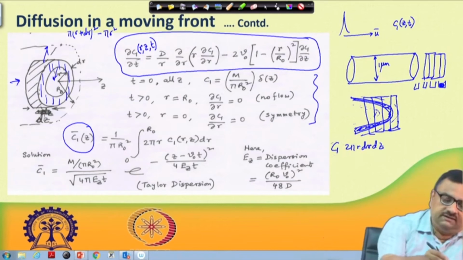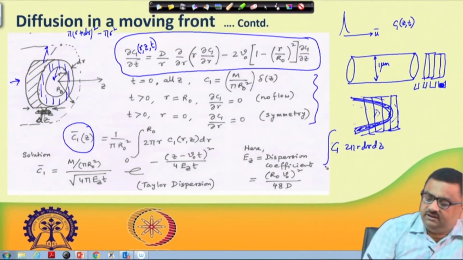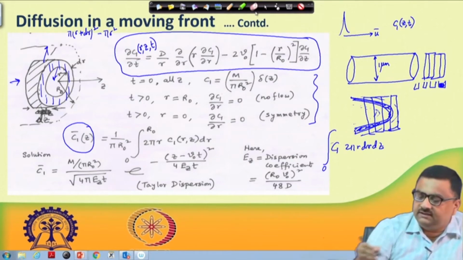So all such annular shaped elements, you integrate from 0 to R. One thing you can note here is that you do not need to work with this dz.